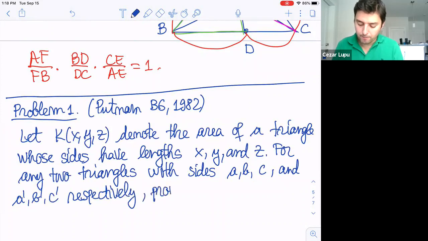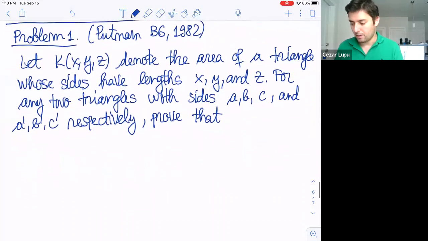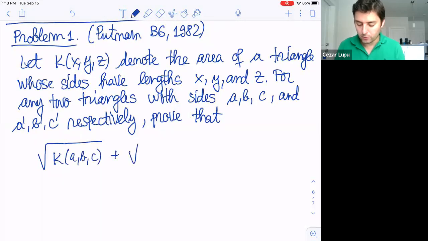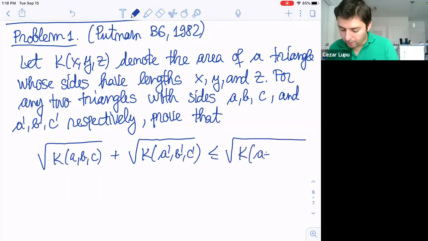Prove that, and we have to prove the following inequality. The square root of K of ABC plus the square root of K of A prime B prime C prime is less or equal than the square root of K of A plus A prime, B plus B prime, and C plus C prime.